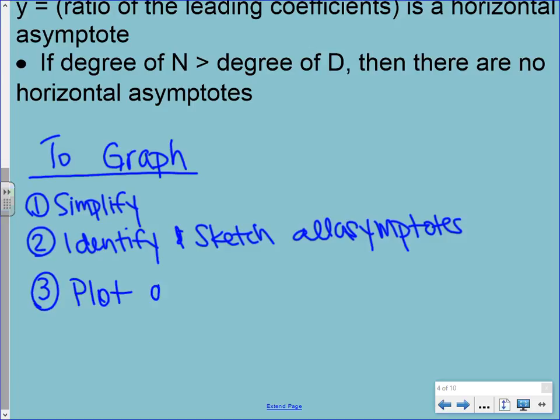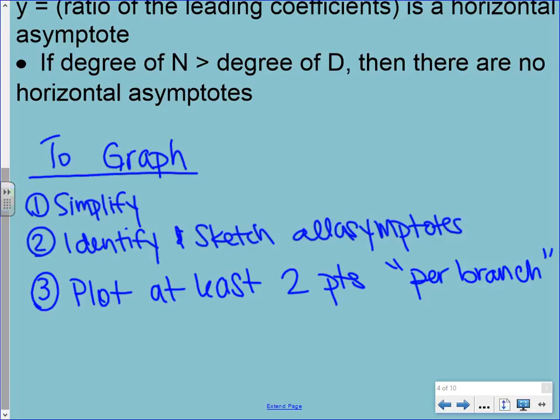You need to plot at least 2 points, I'm going to say per branch. And I know that sounds kind of weird. We're not graphing trees, okay? But when we have all of these asymptotes breaking up our graph, we have different pieces. So for each piece, I need at least 2 points so you can get the shape, okay?